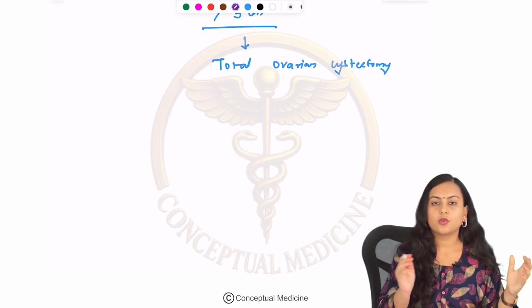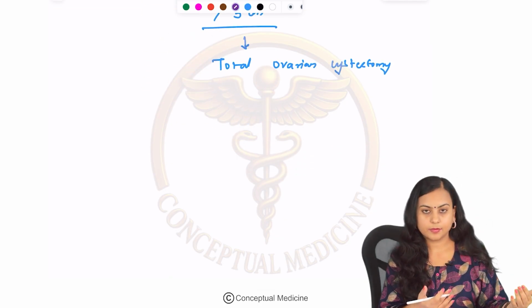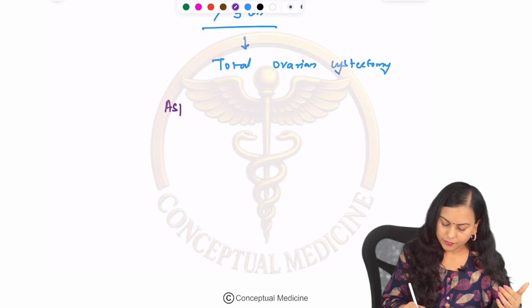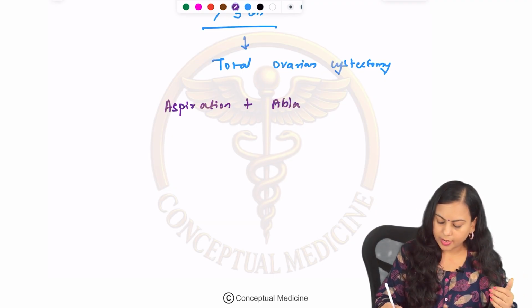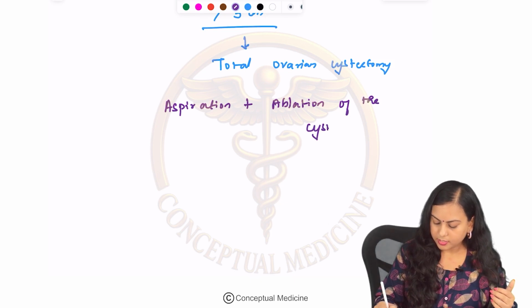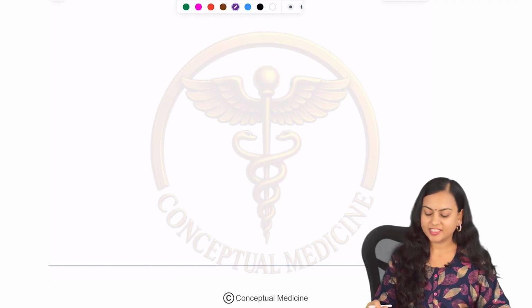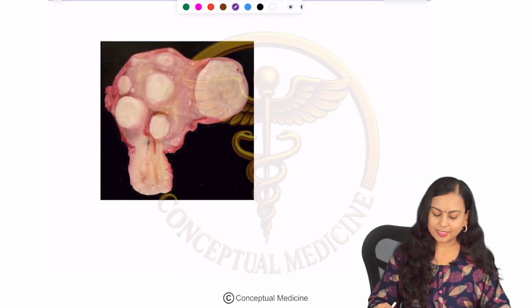And in smaller cyst, and if she is symptomatic, you will offer aspiration of the contents. Then you will also do an ablation of the cyst capsule. Clear? Right. Now let's see this image.